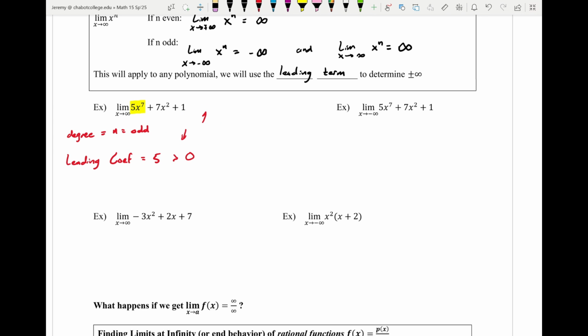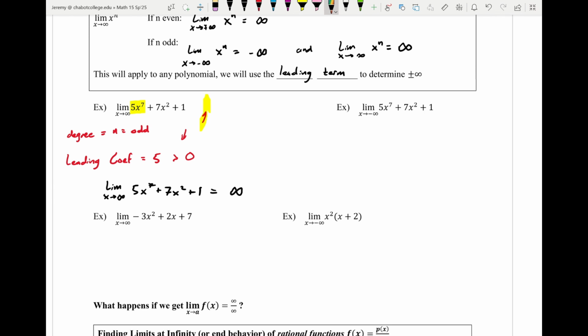So I know the graph looks roughly like that. And I'm looking at the limit as x goes to positive infinity in this case. So I'm interested in this right branch, which I can see as going up to positive infinity. So I can answer this. The limit as x goes to infinity of 5x to the 7th plus 7x squared plus 1 is equal to positive infinity.